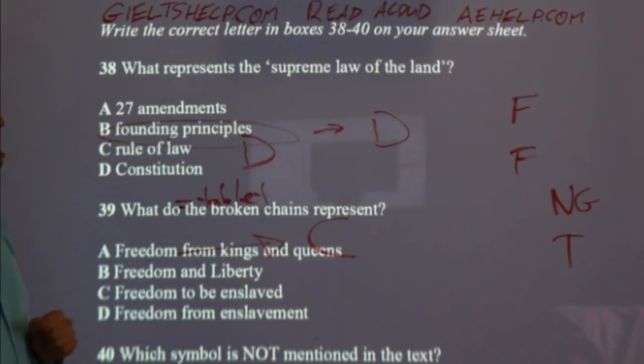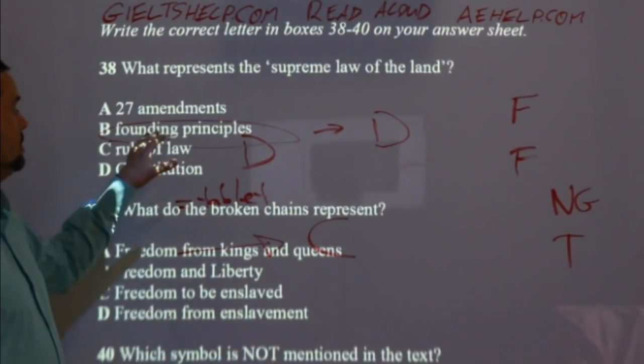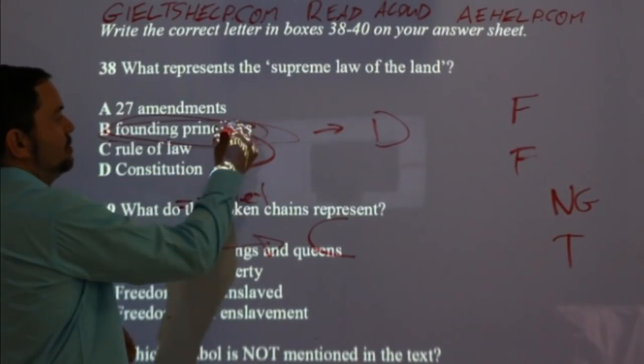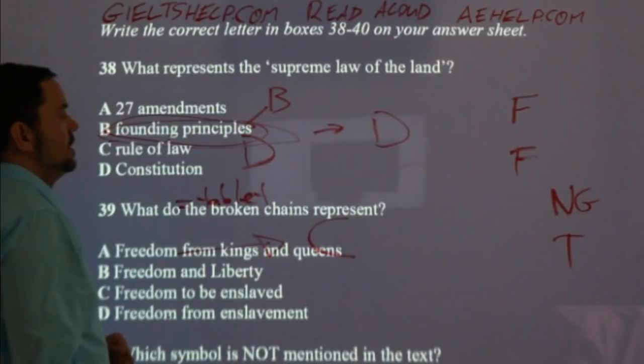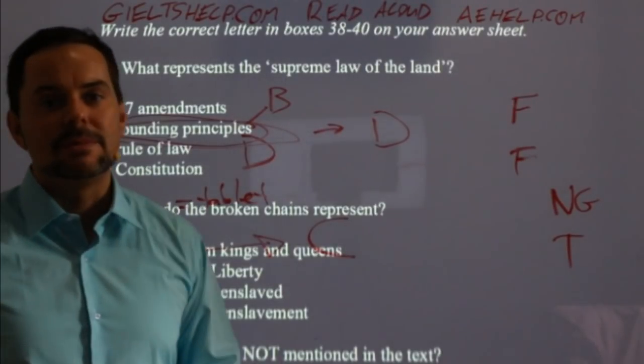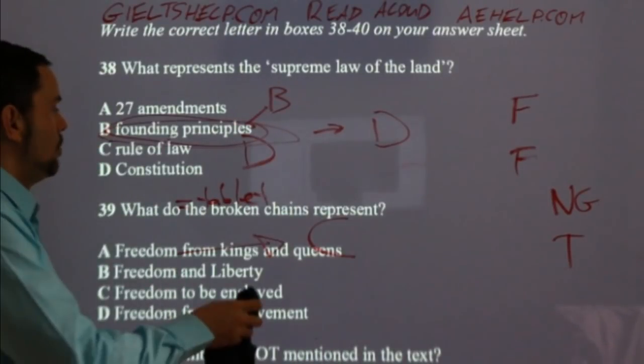Yes, Rekha, this is definitely the same difficulty as the real IELTS. Which one's the best answer? Hopefully some of you are thinking now it's this one here, Founding Principles, B, right? Because it's the Constitution plus 26 amendments, all right? So that was a little bit tricky. I thought I'd give you that one.